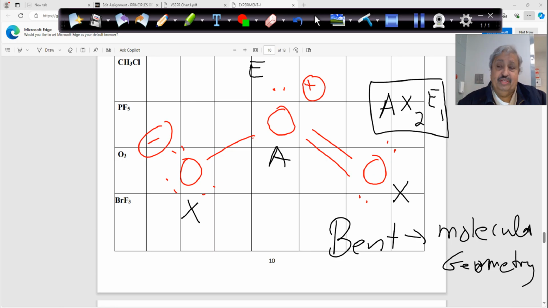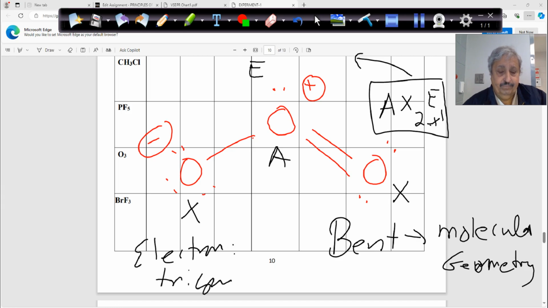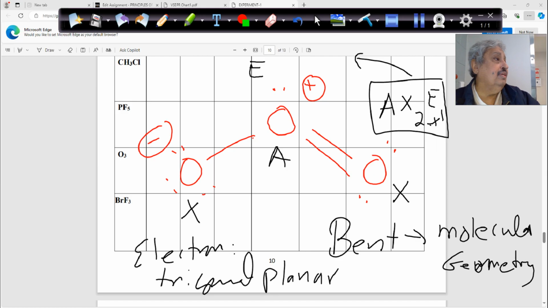But since it has 2 plus 1 electron groups, the electron shape will be trigonal planar, because there are three units: 2 bonding sets and 1 non-bonding. Now, is it polar or non-polar? Polar. Why? Because it has a lone pair there.